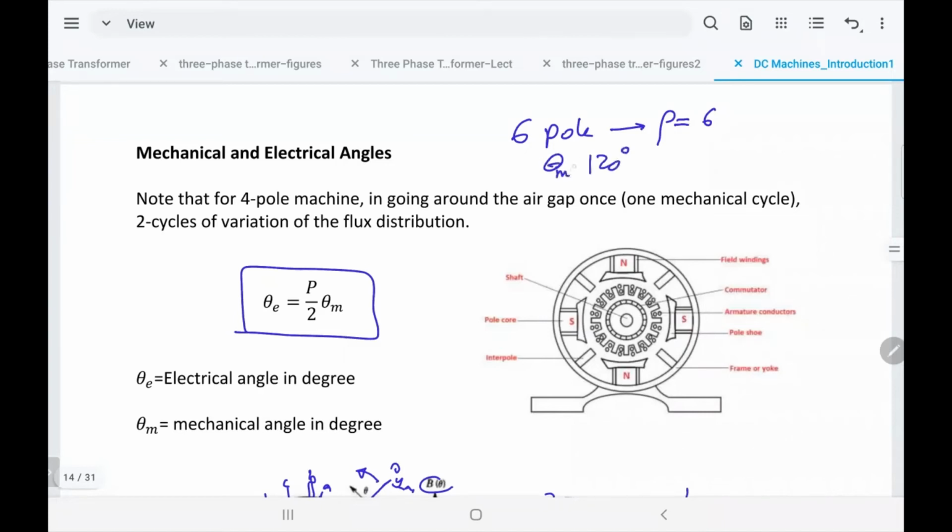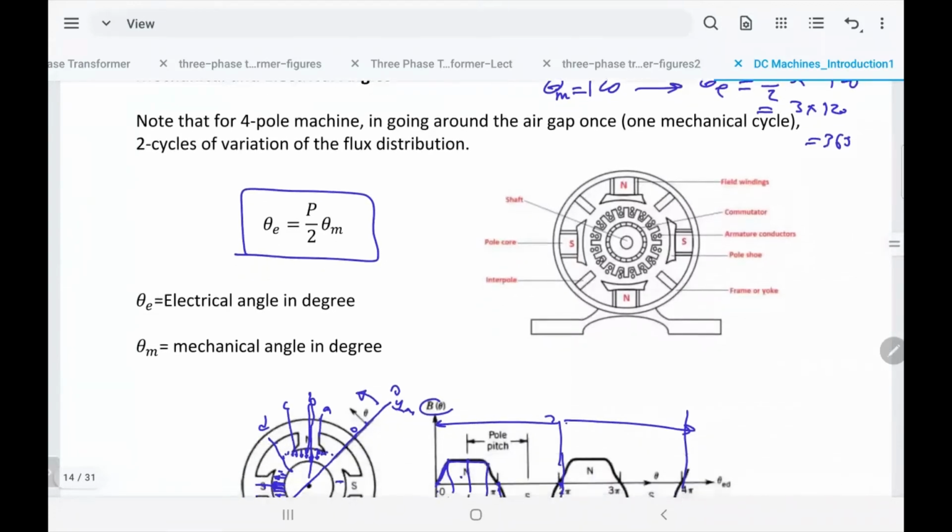That's the mechanical one. So what's the corresponding electric angle? 6/2, right? Times the mechanical angle, which is 120. So 3 times 120 will be 360. So when it makes 120, that will be 360. Okay.